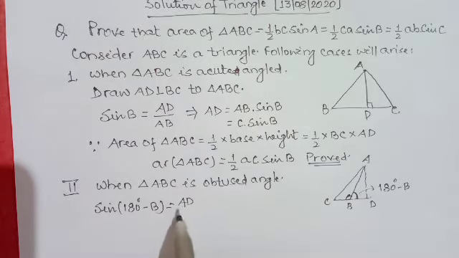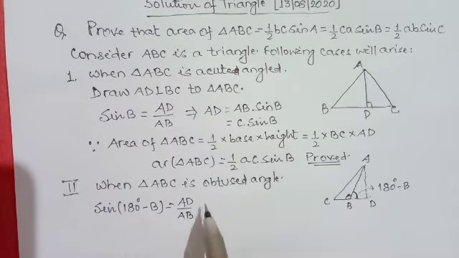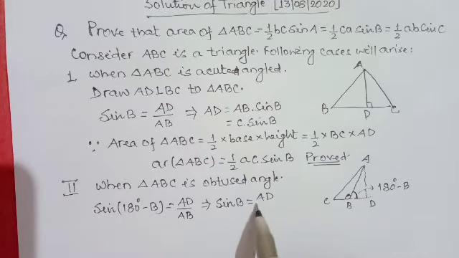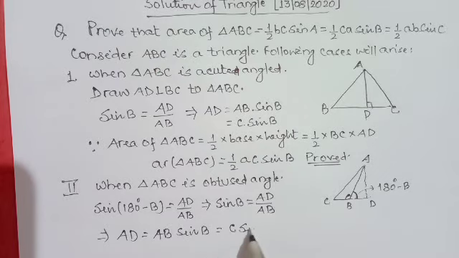Sin of 180 degrees minus B is sin B. So sin B is AD upon AB, and from cross multiplication we can write AD is equal to AB into sin B, and AB is c, so AD is c sin B.